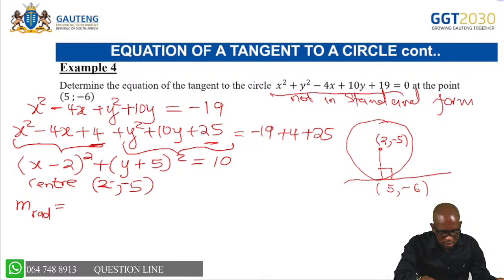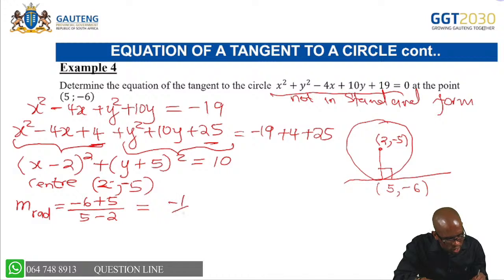If we look at these ordered pairs that we are given, we can take -6 minus -5, that is -6 plus 5, over 5 minus 2. This will then give us -6 plus 5 is -1, over 3.